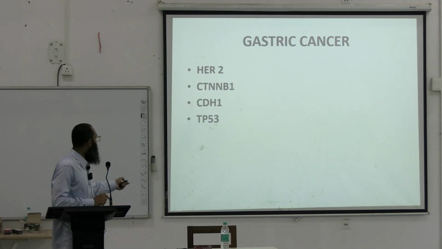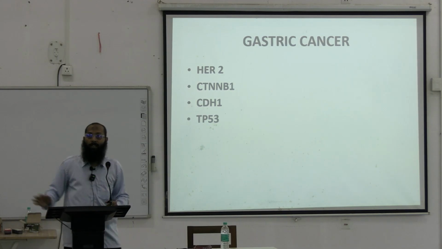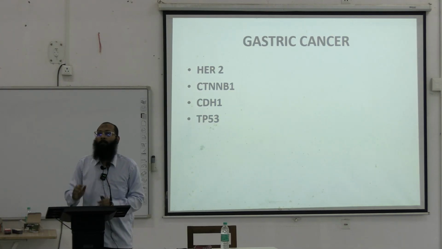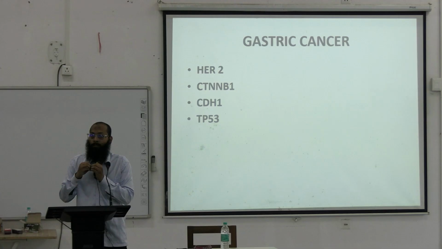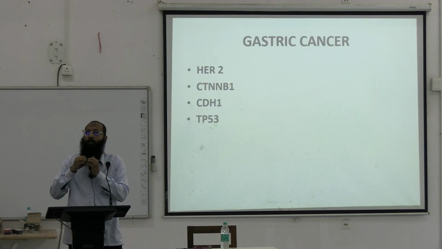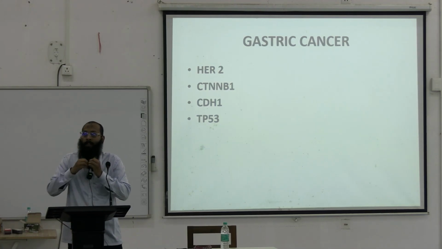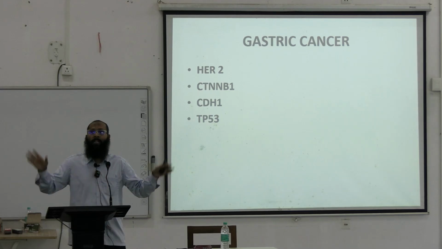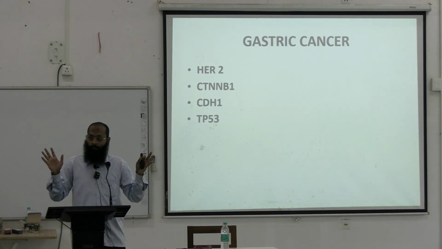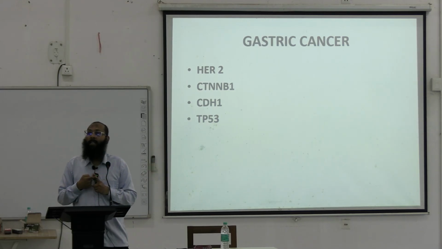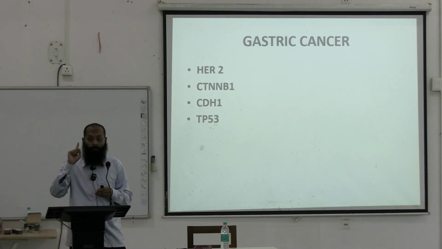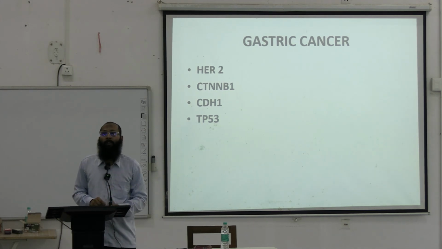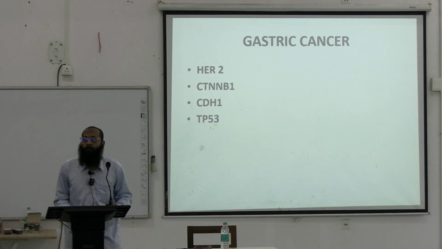So suppose a person is having CDH1 mutation, what will happen? First of all, the cells will not associate with each other. Okay? They will not form glandular structure. They will be in a dissociated manner, separated. Because there is no E-cadherin. Number one thing. Second thing, will it hold the beta-catenin?